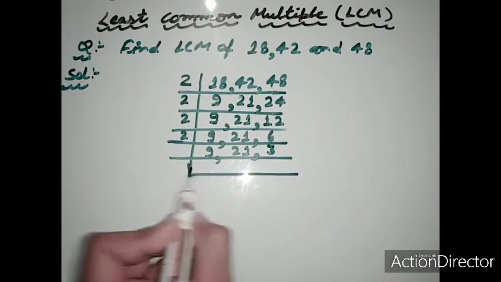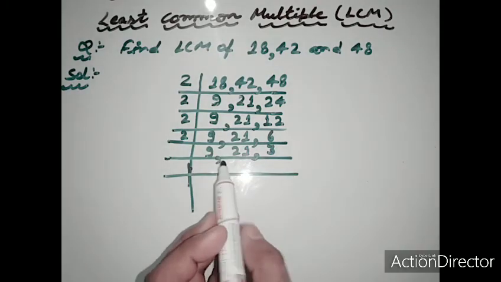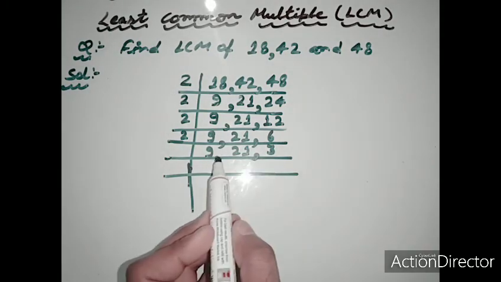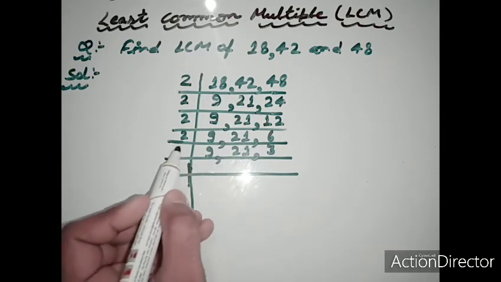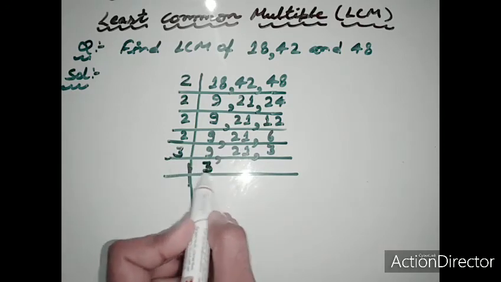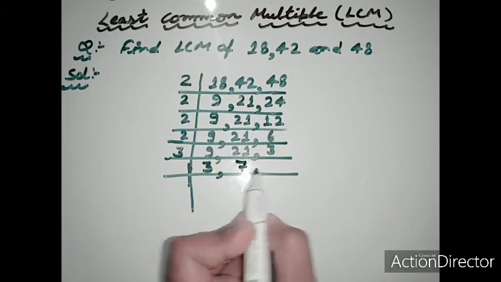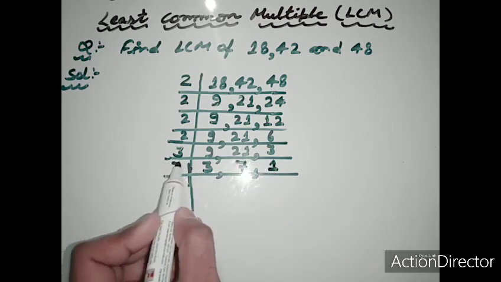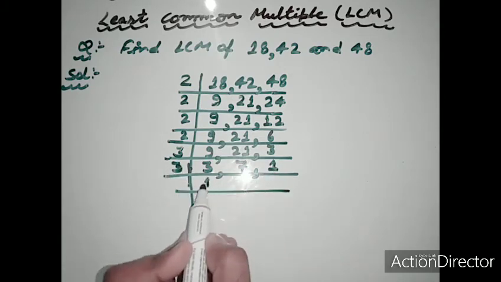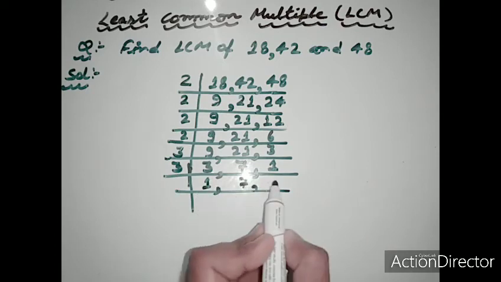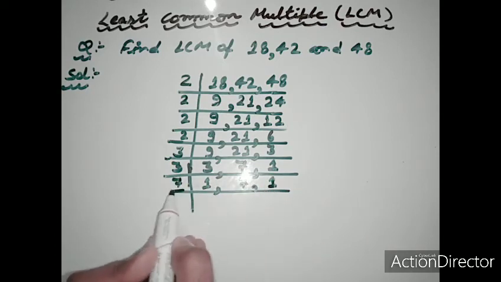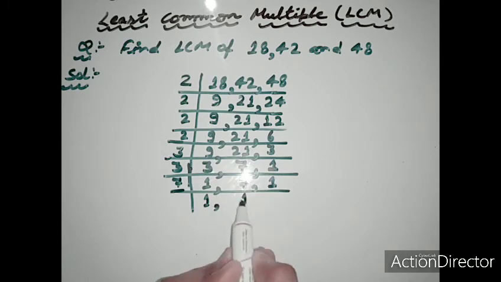Now out of these all 3 numbers, there is no other number divisible by 2. So here we take 3. 3 3s are 9, 3 7s are 21 and 3 1s are 3. Now again divide by 3, 3 1s are 3, write 7 as it is here, 1 as it is here. Now 7 1s are 7, because 7 is only divisible by 7.